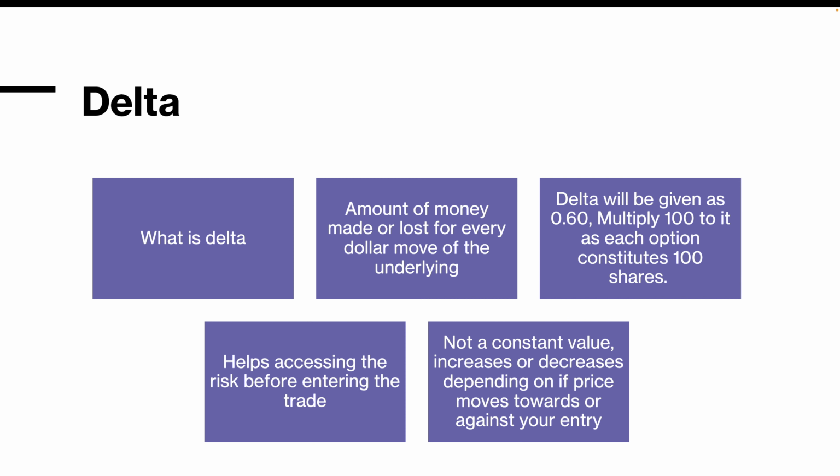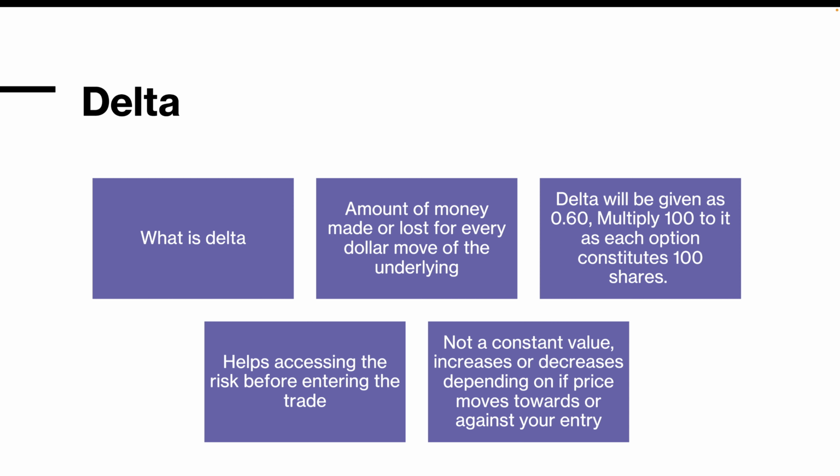If you have a 150 strike call option in Apple which expires in a week and it has a delta of 0.60, then if Apple goes up to 151, you will be making $60. If Apple goes up to 152, you'll be making another 60, so $120, like $60 for every dollar move. If Apple goes down to 149, you will lose $60. If Apple goes down to 148, you'll lose another 60.